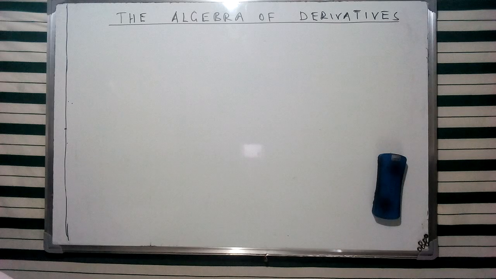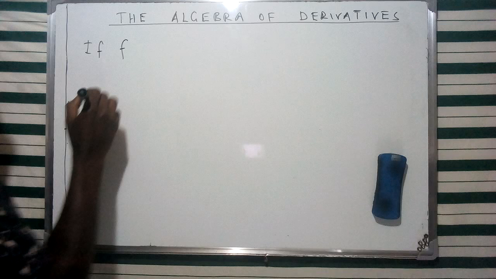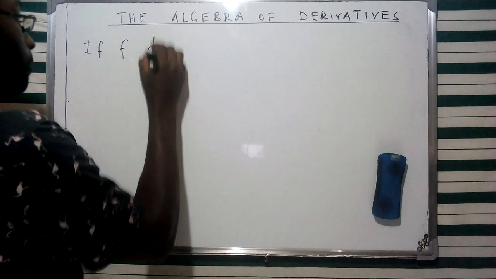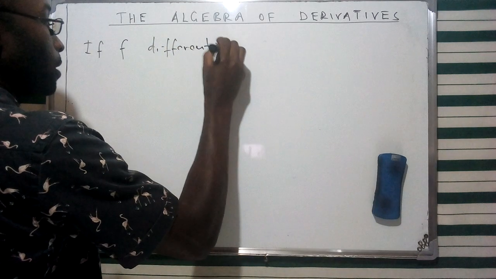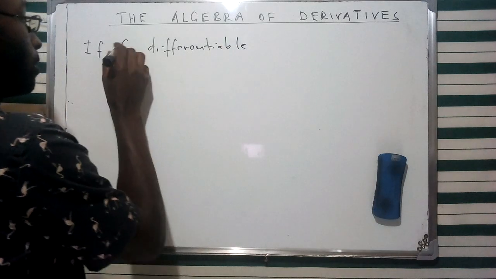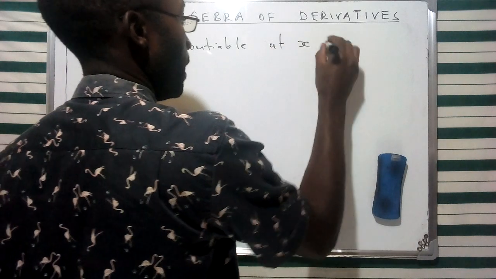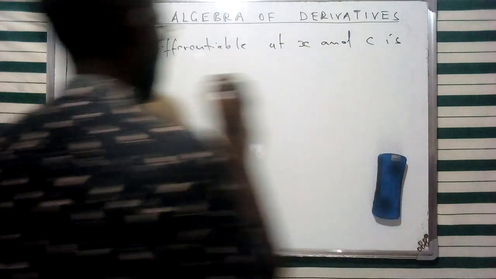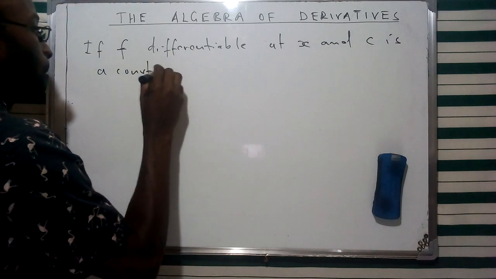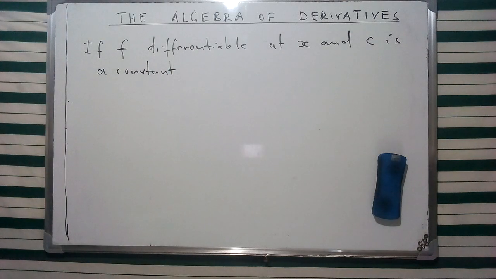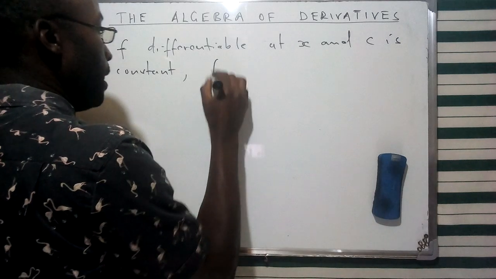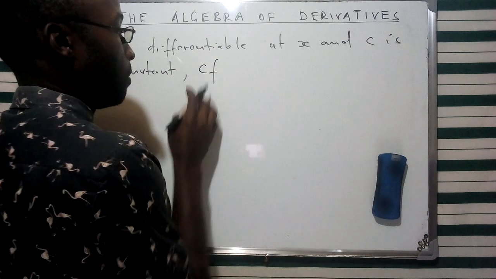So in this case, I'm going to consider the first case, whereby we have a function f which is differentiable. So f is a function that is differentiable, of course, at x, and c is a constant which is basically formed from the set of real numbers, that we can use to give cf, which is the product of this.